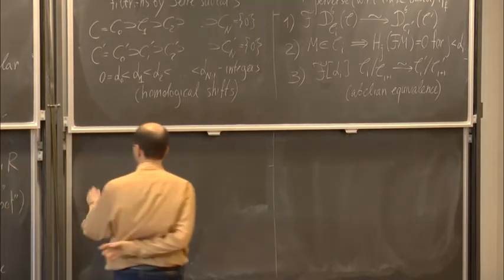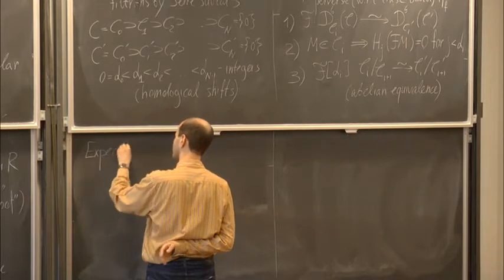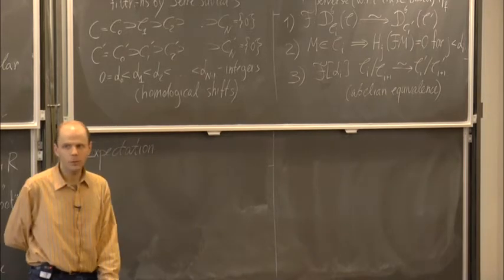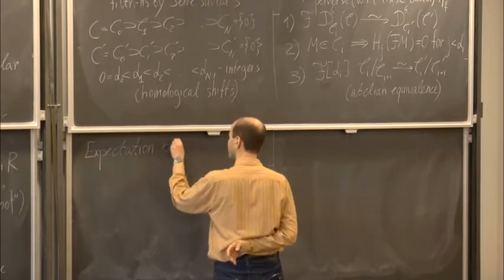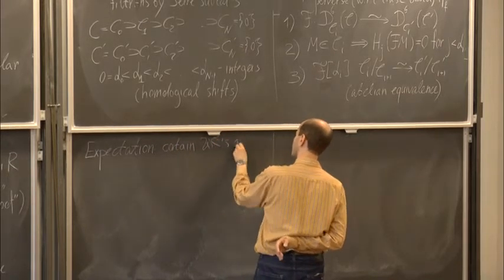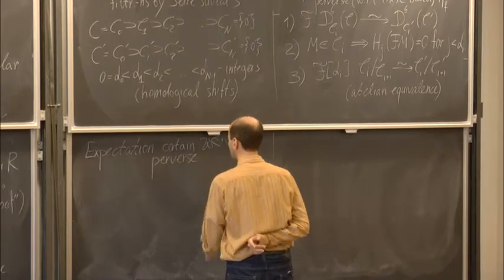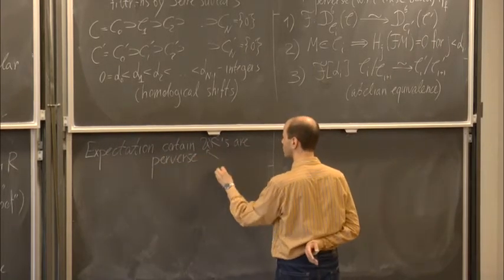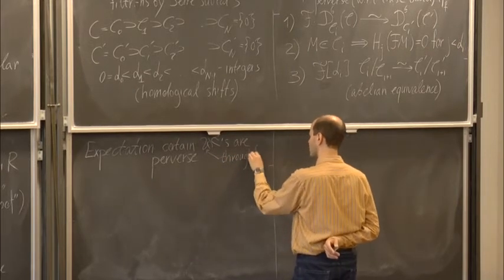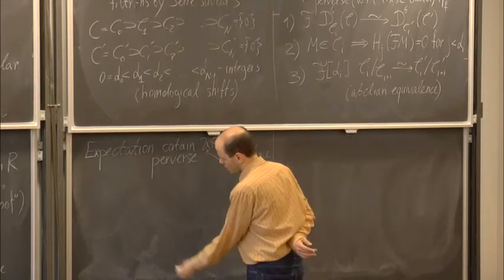So here is the expectation: that wall crossing functors are perverse, and those are wall crossing functors through faces. Here is a picture.